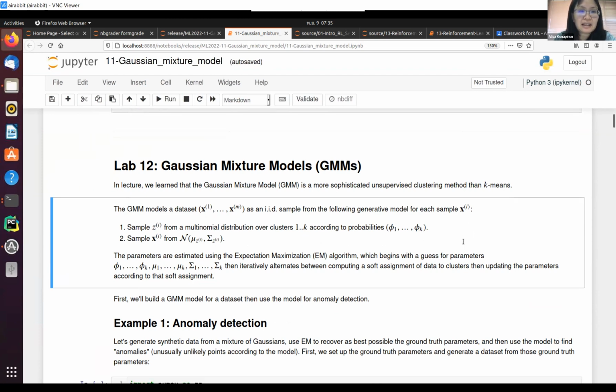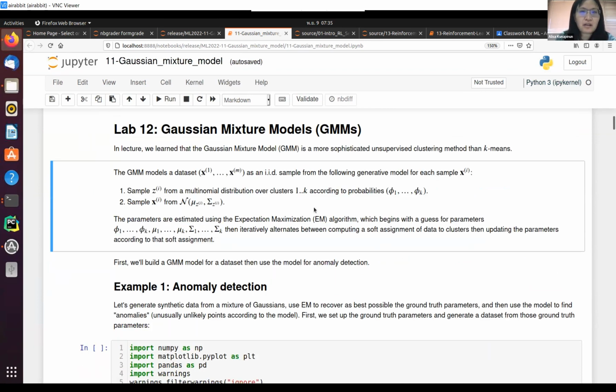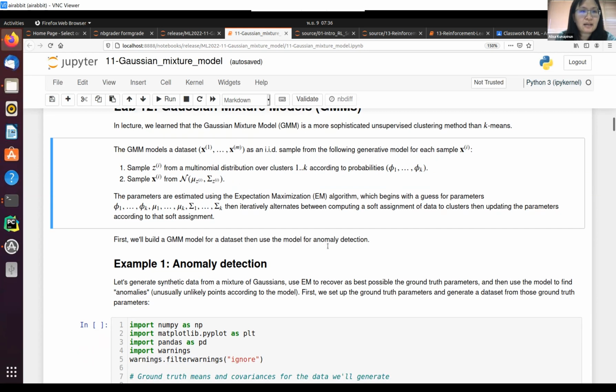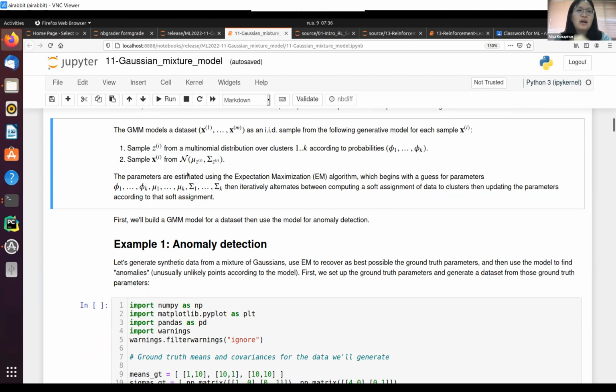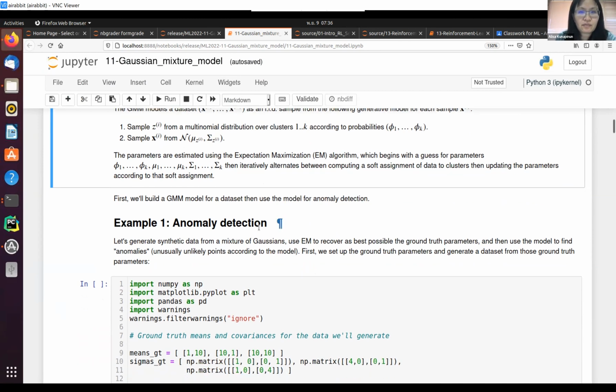Each sample Xi starts from the generative model by sampling C from a multinomial distribution over clusters 1 to K with probabilities zeta 1 to zeta K, and sampling X from the normal distribution with mu C and sigma C. From the EM algorithm, we begin by guessing the parameters zeta 1 to zeta K, mu 1 to mu K, sigma 1 to sigma K, and try to optimize these parameters until they reach a steady state.